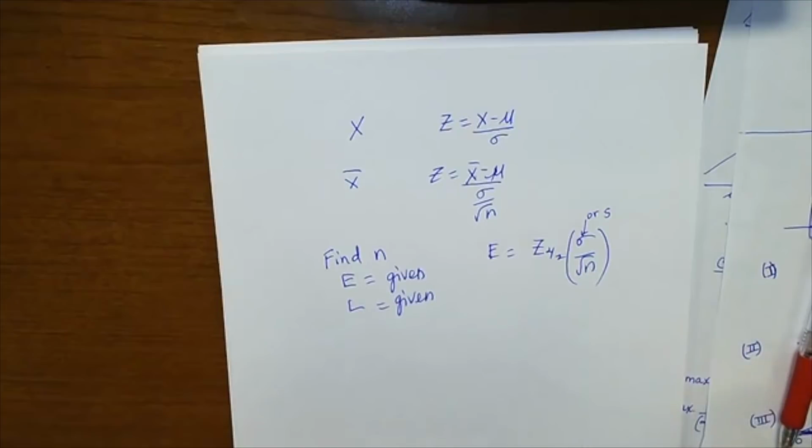If X is not normal, then n has to be large, where large is defined to be minimum 30 for X bar to be roughly normal. So if n is small, X better be normal for you to be using parametric methods for X bar.